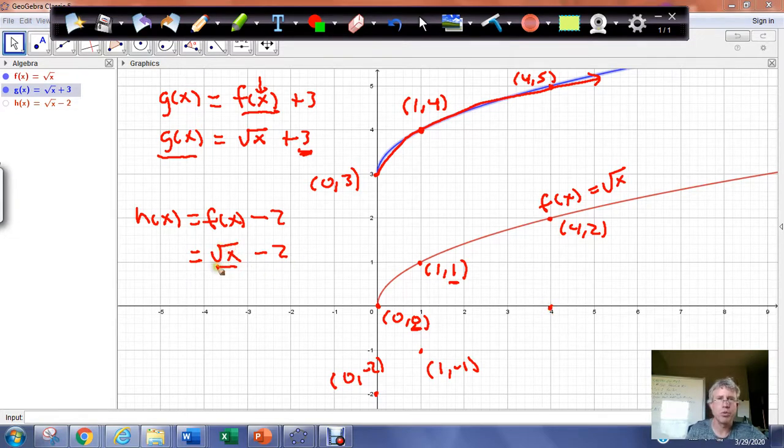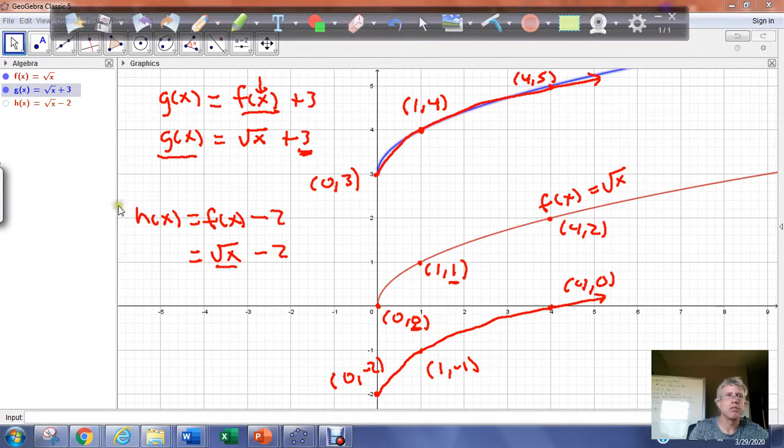An output of 2 minus 2 is now 0, so we get input 4, output 0, and you'd hand draw through those nice lattice points the transformed graph, translated vertically down 2 units. And of course GeoGebra could put the line through that much more nicely than I could.